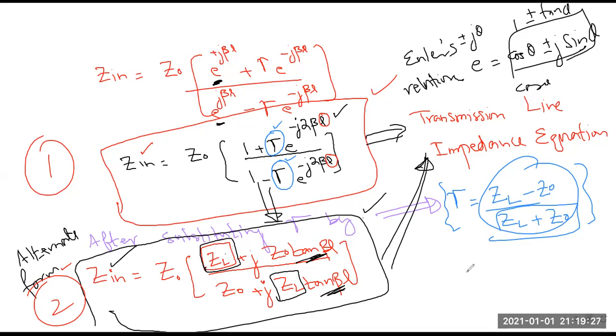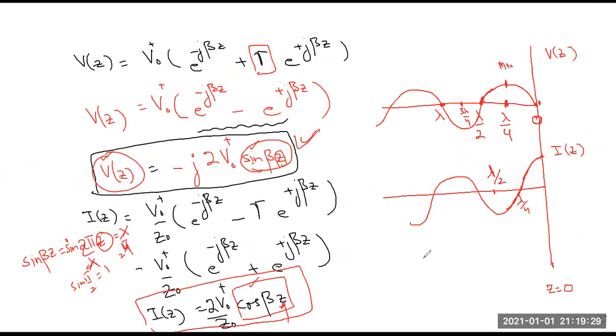So I am using this result directly. You will find that Zin will be equal to jZ0 tan(βL).